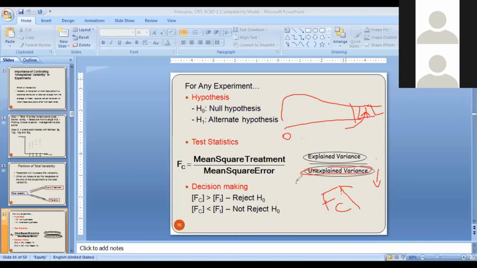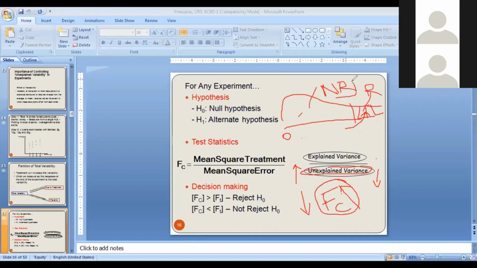But on the other hand, if the unexplained variation is very high, what will happen to the F value? The F value will go down. If the F value goes down, what is the problem? We fall into the non-rejecting region. This is the non-rejecting region. This is the rejecting region.